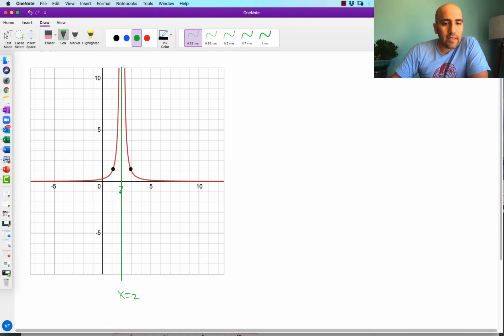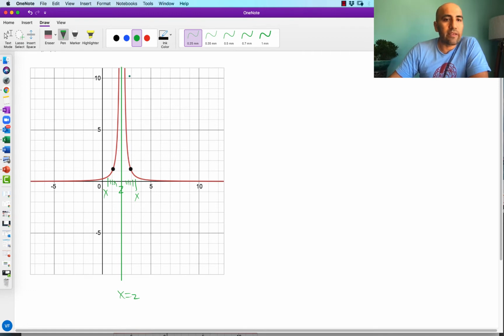So as we let x values be selected that get infinitely close to the number 2 from either direction, unrestricted, we see that the output values are just going to climb higher and higher and higher. The closer you get to 2, the higher this climbs, right?